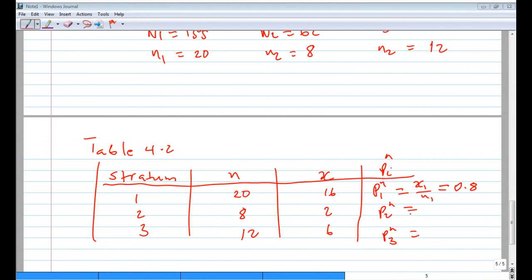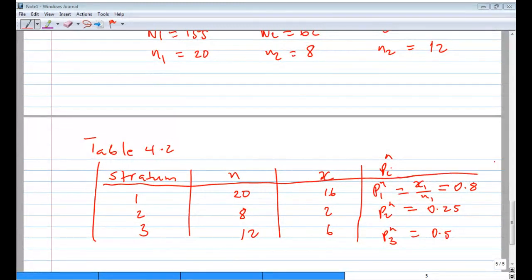For stratum number 2, 0.25. Stratum number 3, 0.5.